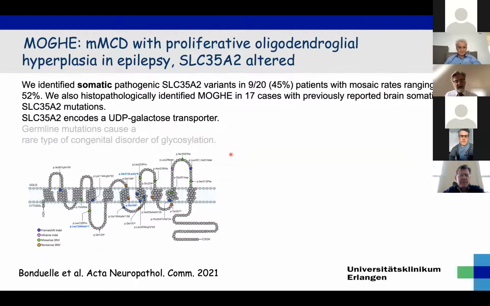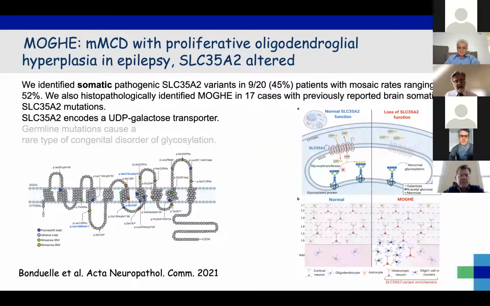And interestingly, and this now really makes the difference, we discovered a genetic mutation. Again, brain mosaicism, so it's not in the blood, it is in the tissue, and it affects the SLC35A2 galactose transporter gene. It's in the Golgi apparatus here, and it transfers the galactose.